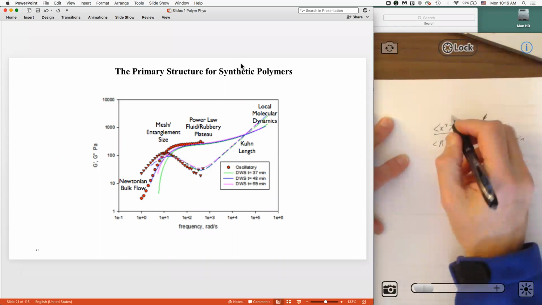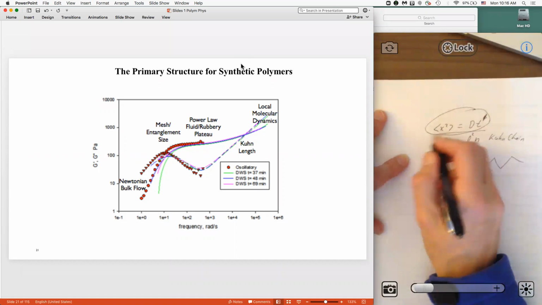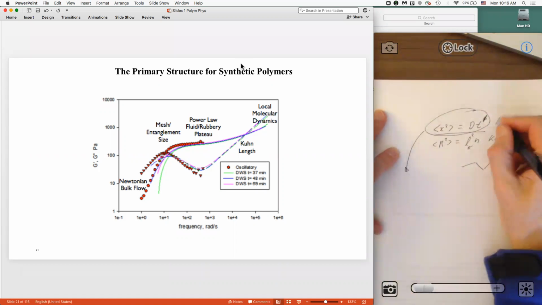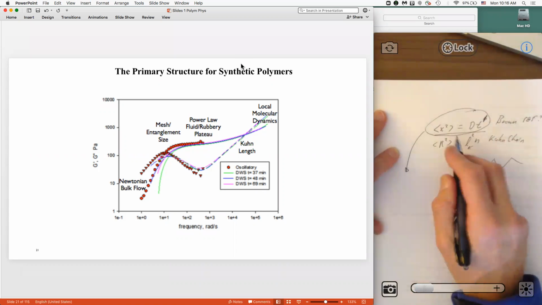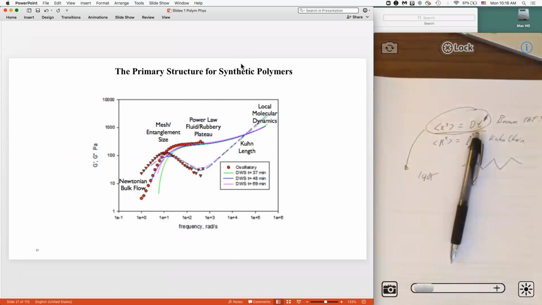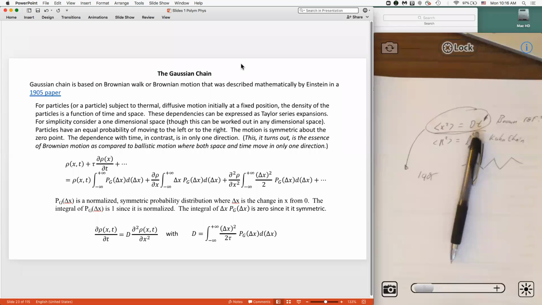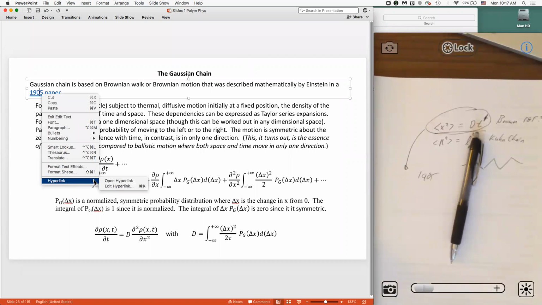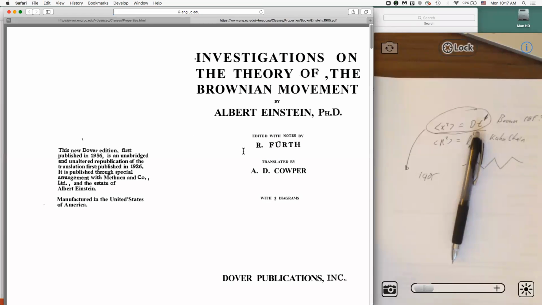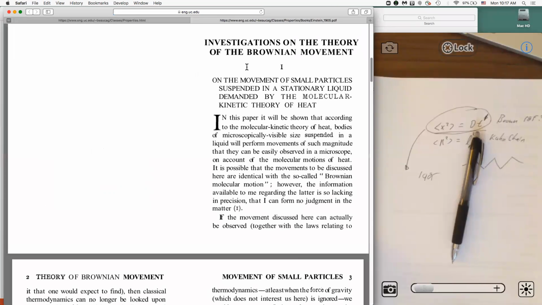This equation was empirical initially, by Brown in like 1850-something. But then it was derived in 1905 by Einstein in this paper: investigation of the theory of the Brownian movement.